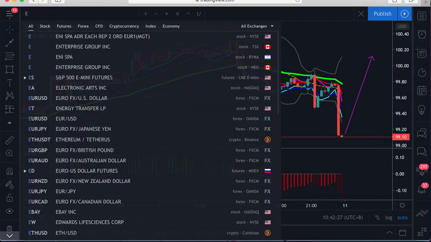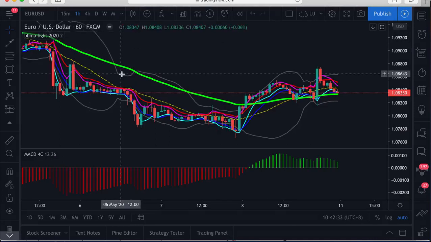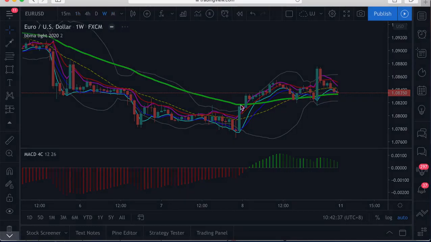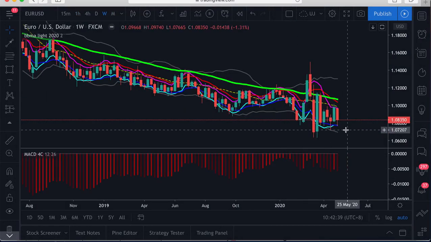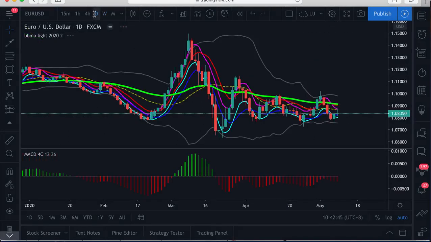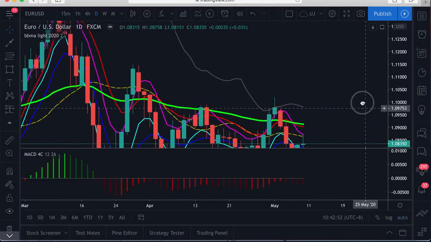For our first pair, we look at Euro USD. For Euro USD, we can see that in weekly, at the moment, the price is at the re-entry buy zone. In daily, it's making a MHV buy. As you can see, let me make it a little bit bigger.